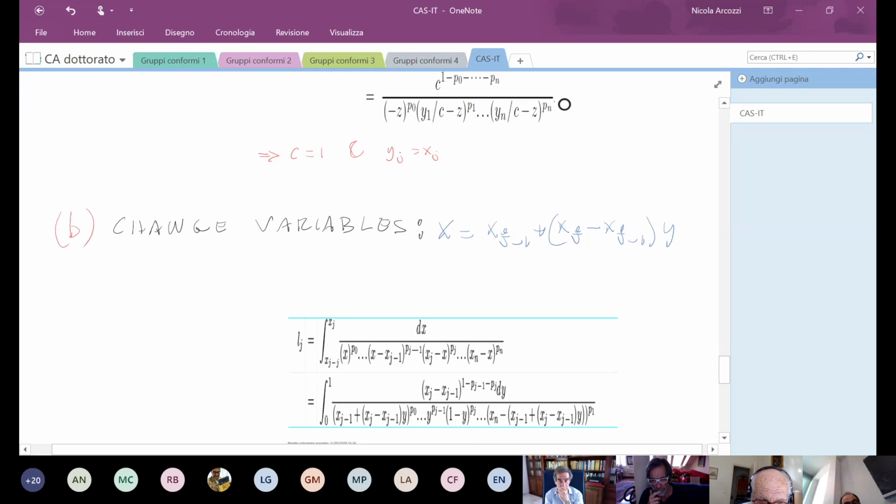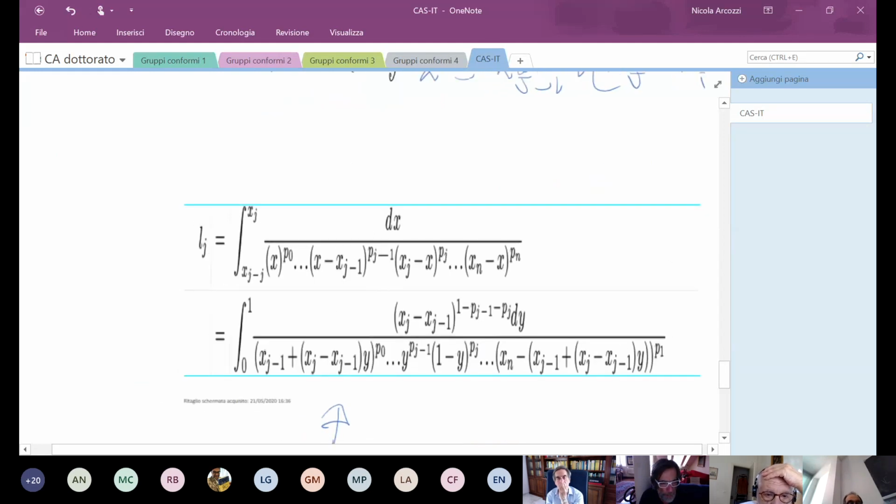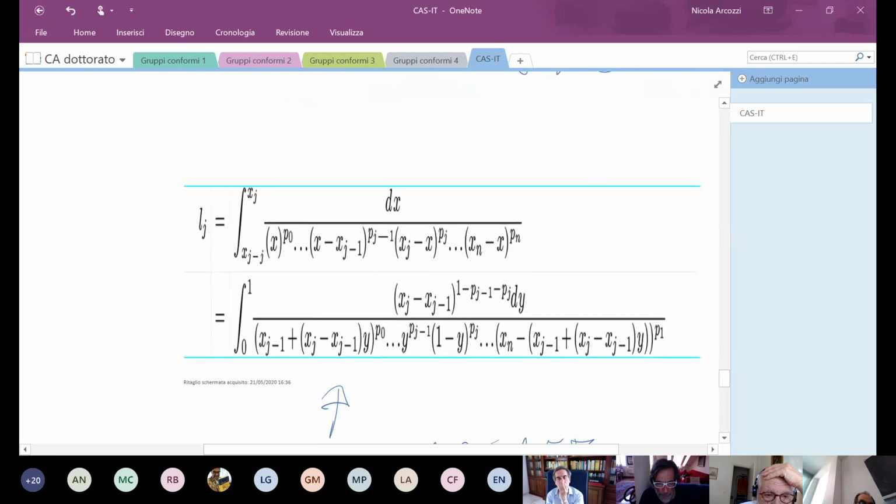What about smoothness? So smoothness, the problem is that these xj's are points where there is a singularity. Anyhow, you make a change of variables like this one, which has the effect in the expression giving Lj, which is an integral, here I forgot it was a minus, I guess.